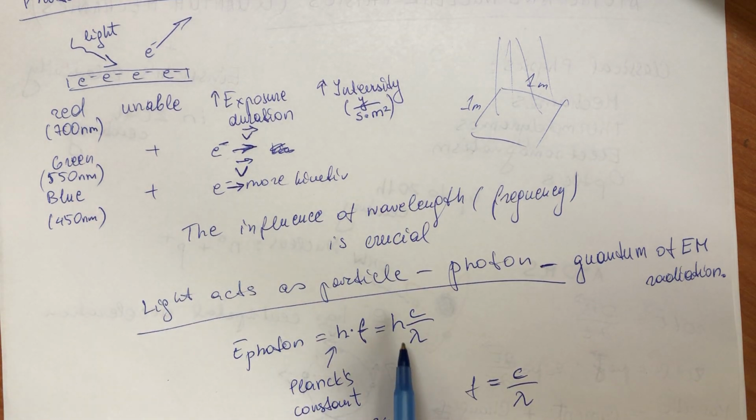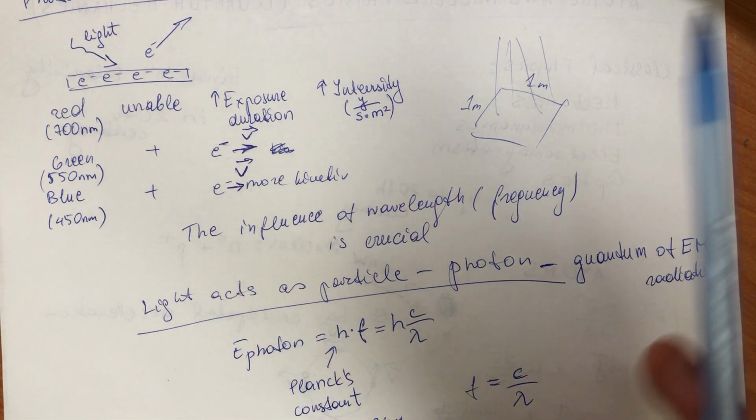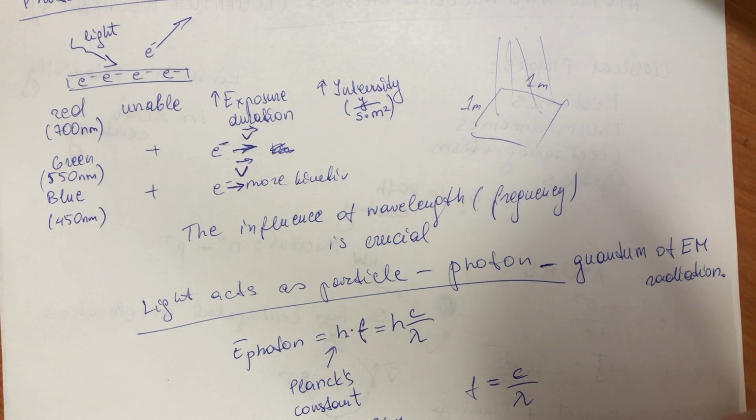They were unable, and this is the energy of a photon. And here you see that a photon can be thought of as a particle, but in classical theory, light is thought of as a wave, and here light is thought of as a flow of particles. So this was a contradiction with common thinking, general physics, that light can be treated as a particle and can be treated as a wave. But this is true.